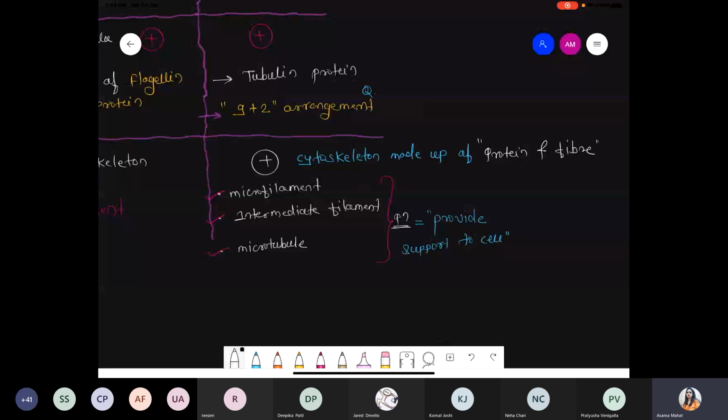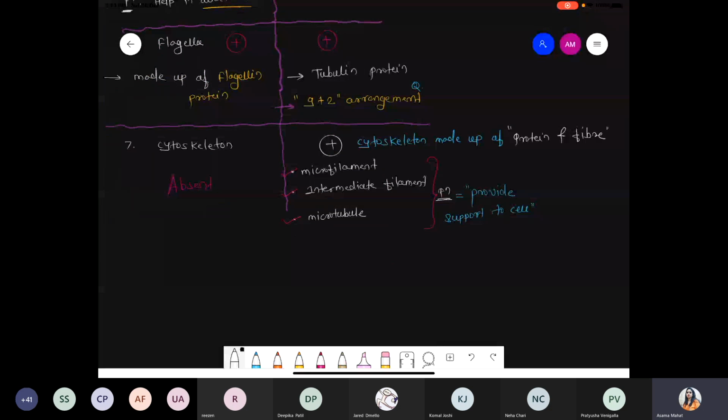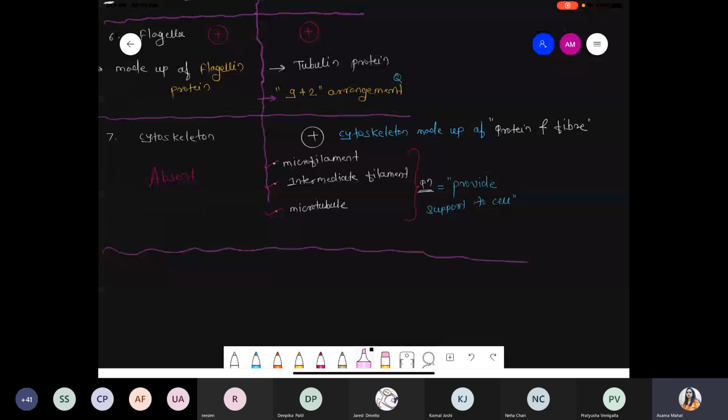The cytoskeleton is totally absent in the pro, while in the eu it's present. Three types of cytoskeleton provide stability, support, and maintain shape. Many more functions we'll discuss later.